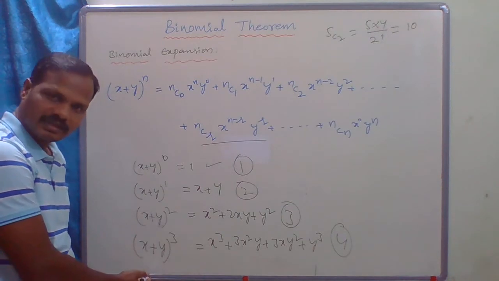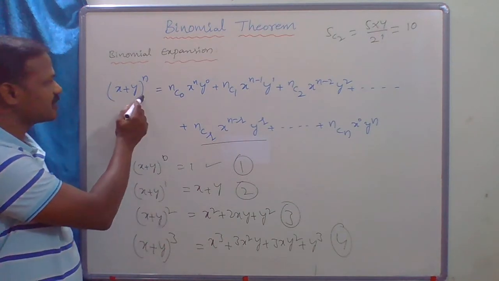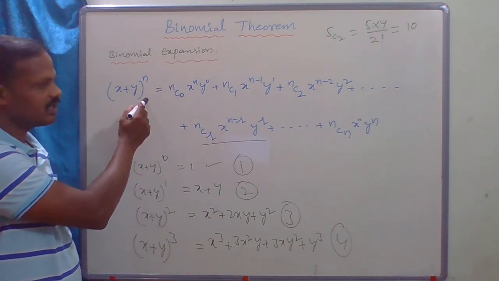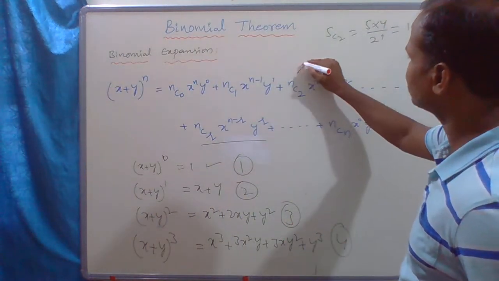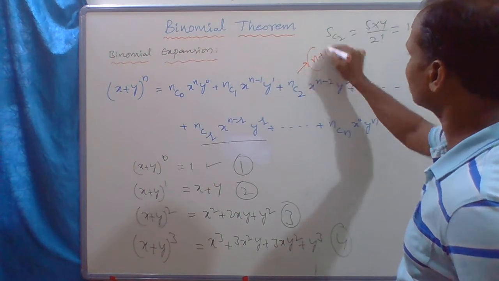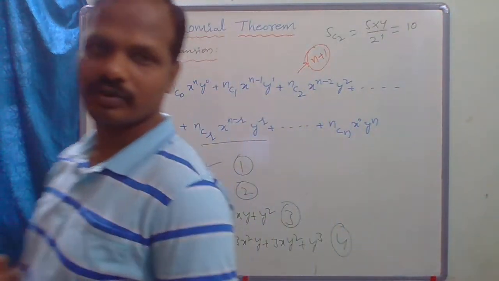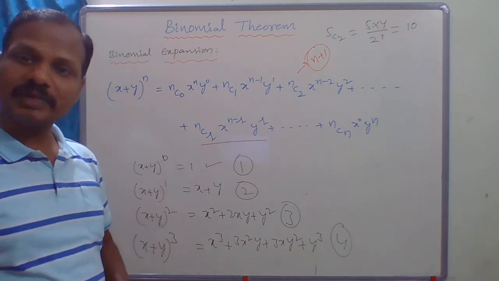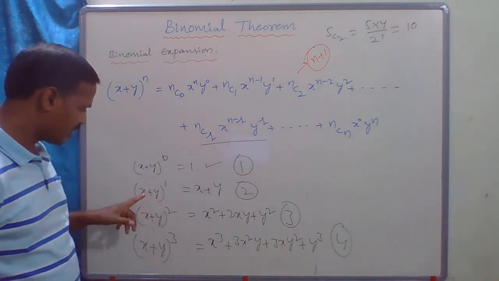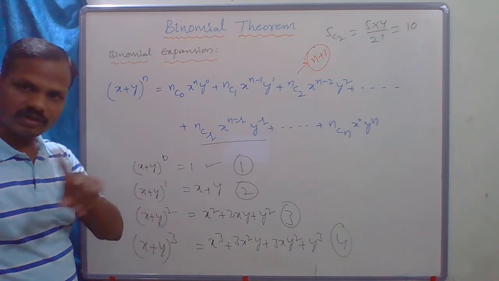So if you continue like this, how many terms in x plus y whole power n? Obviously the number of terms is n plus 1. There are n plus 1 terms in the expansion of x plus y whole power n, because if you take 0, you will get only 1 term.